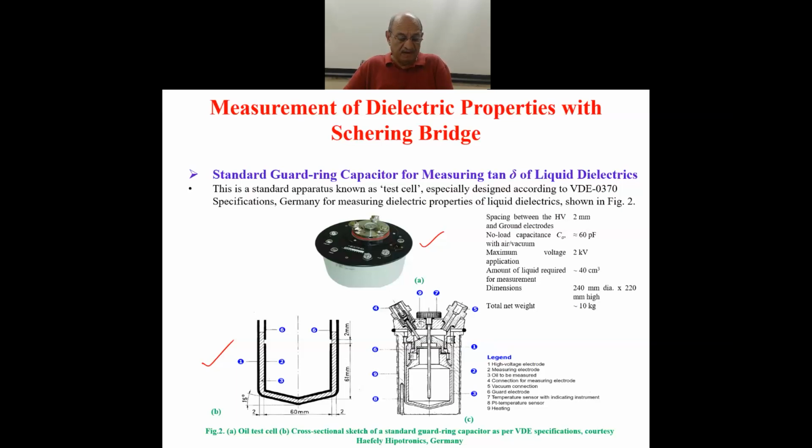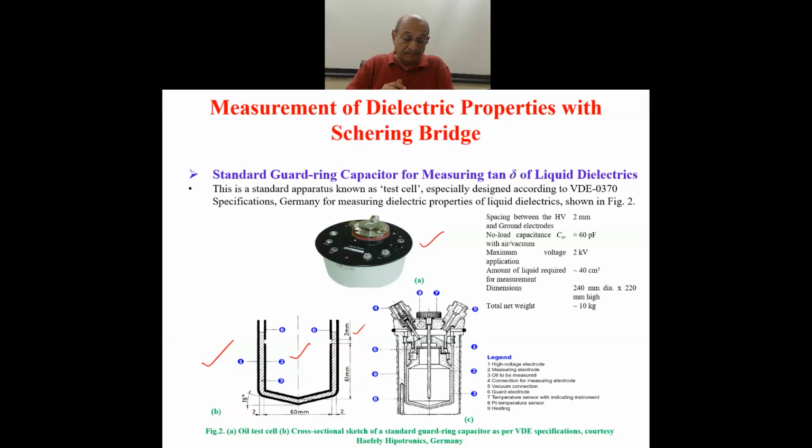As you see here in figure B, this inner part is solid, and when it is put inside the cell, as you see on the top, it fits in such a position that it forms a 2 millimeter thickness layer of liquid dielectric.